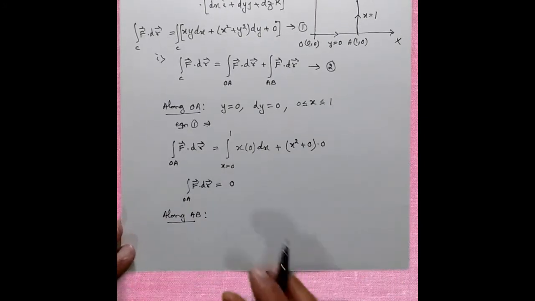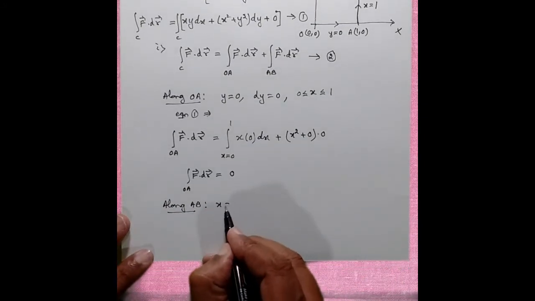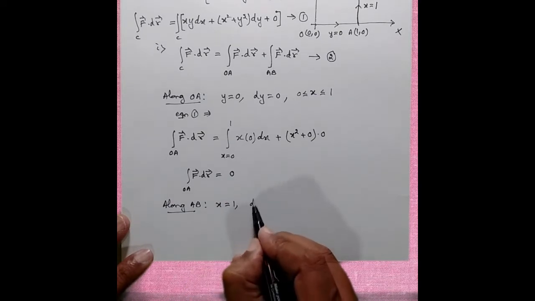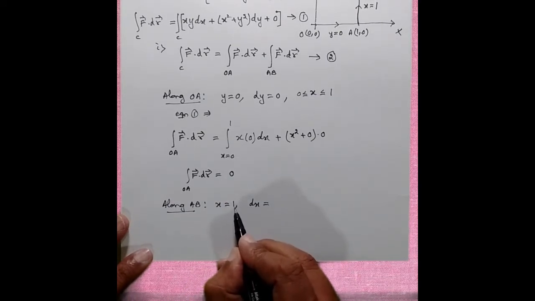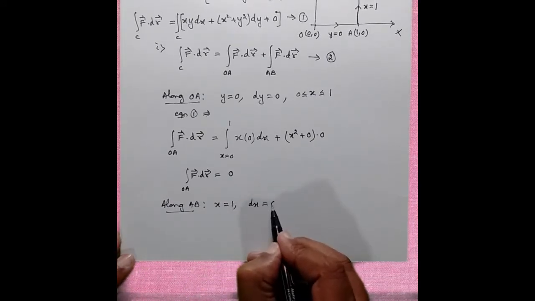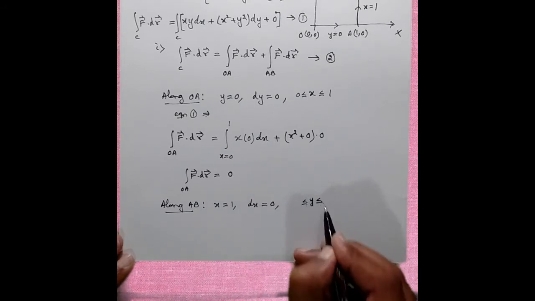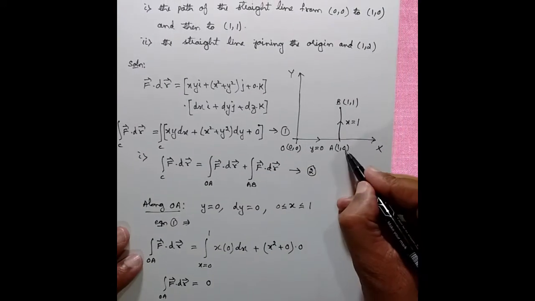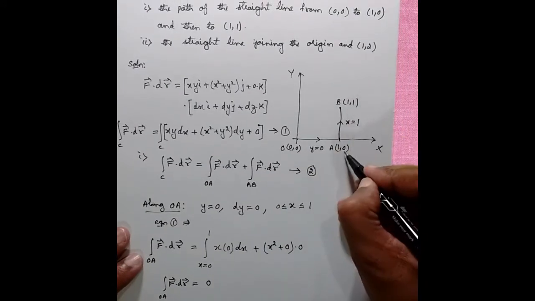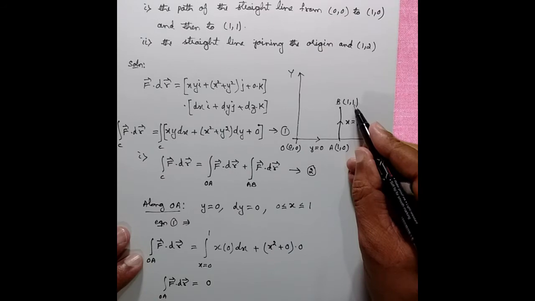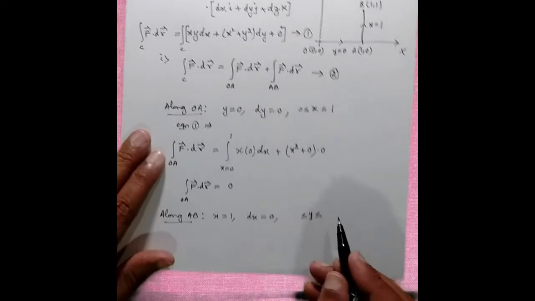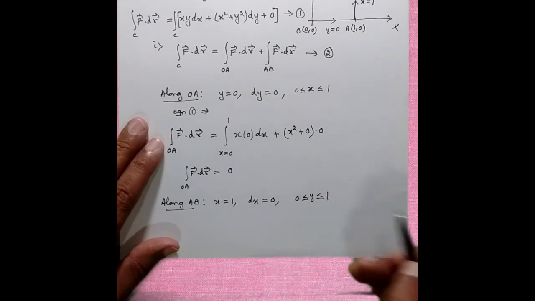If you put x equal to 1, its derivative dx equals 0, since the differentiation of 1 is 0. Then what is the range for y? y is ranging from 0 to 1.